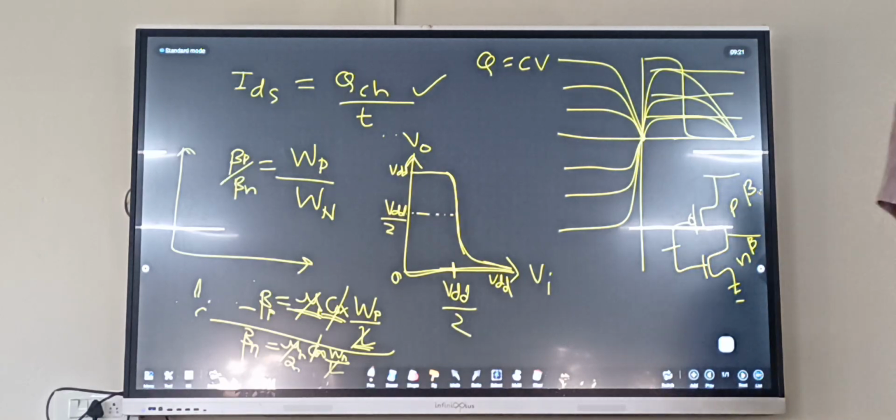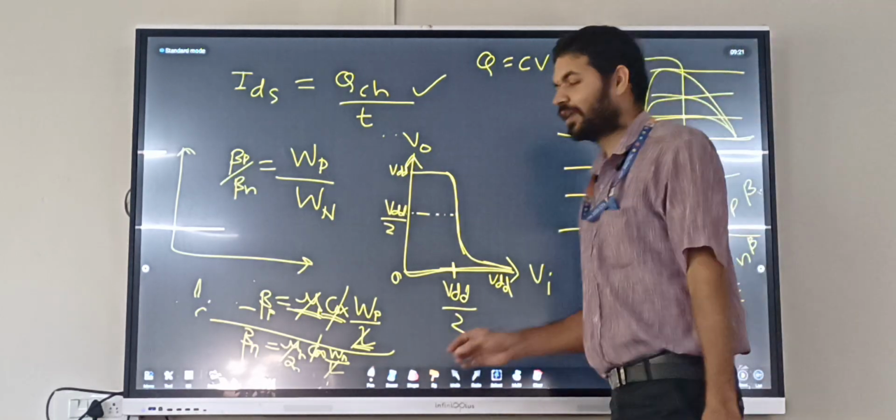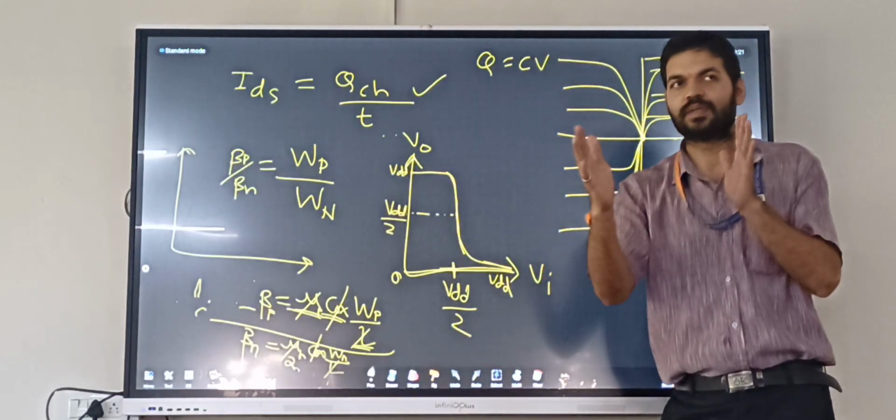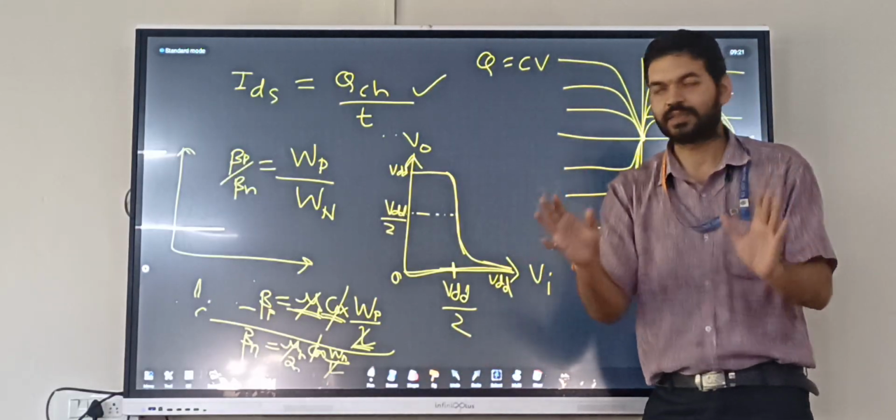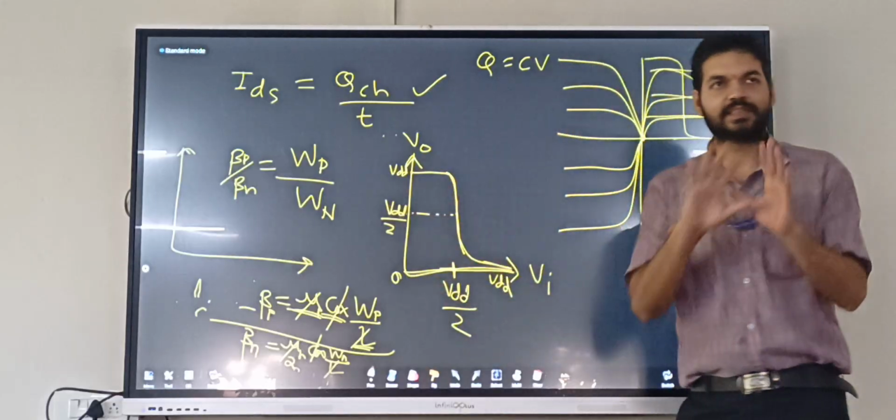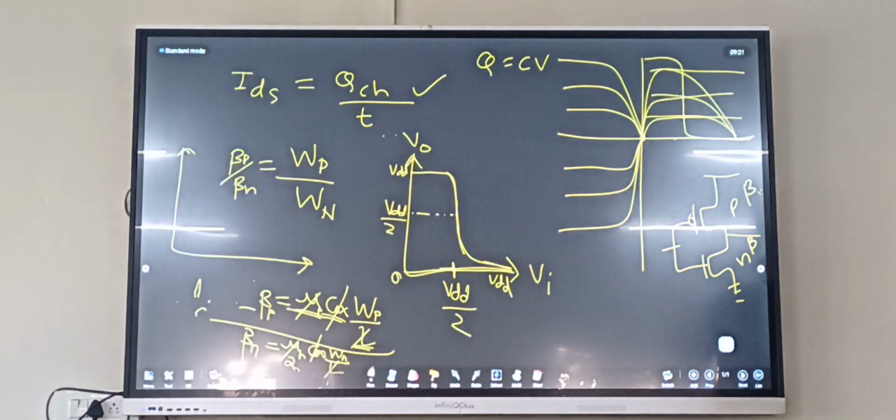In simpler words, what we learn is, if I change the width of PMOS or if I change the width of NMOS, how will this graph change? That is all we learn. So even if beta, mu, L all confuse you, what we are studying is if I change the width of PMOS or the width of NMOS, how it will affect the graph.